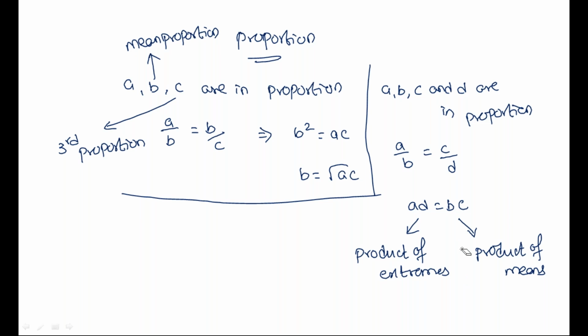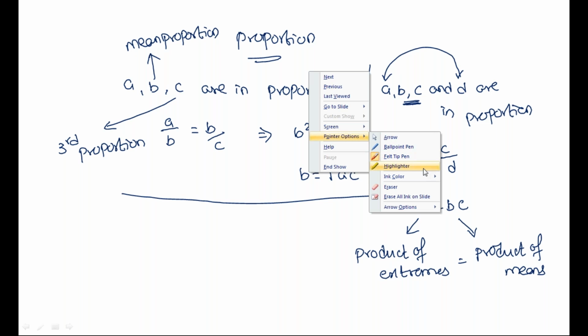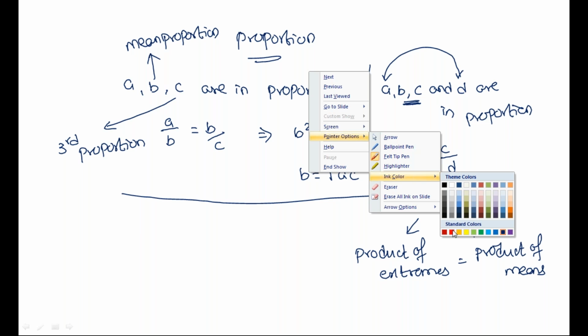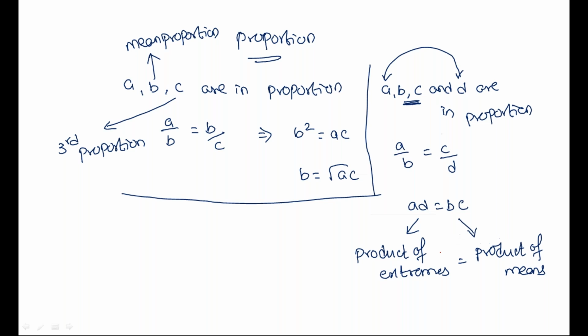Here B and C are in the middle. These are the means, and A and D are the extremes. That is why it is given as product of extremes equals product of means. In this, D is called fourth proportion.